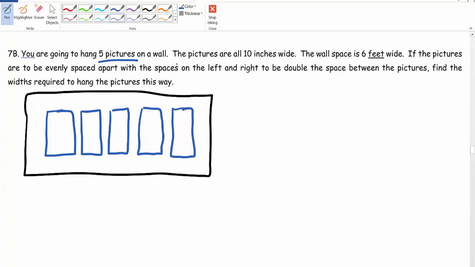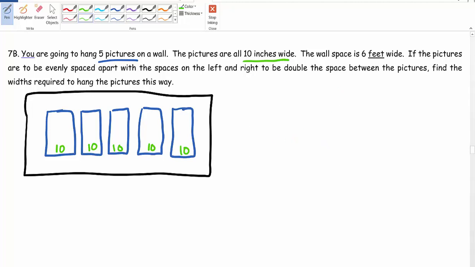Alright, so there are our 5 pictures. It says that they are all 10 inches wide. So if you can imagine, I know it doesn't quite look like it, like this one looks a little bit bigger, but they are all 10 inches wide. So this is 10, this is 10, 10, 10, and 10. Each one of these is 10 inches wide.